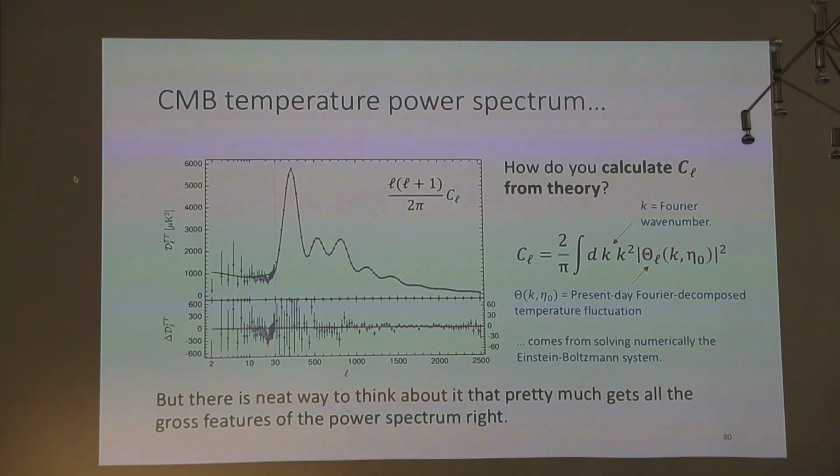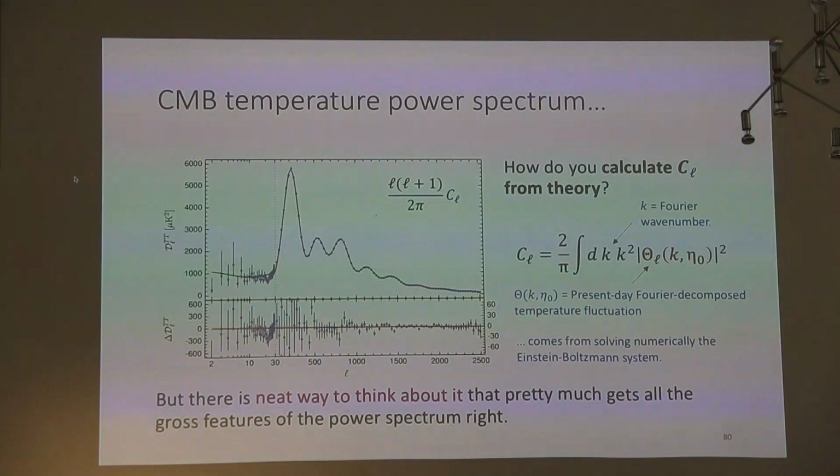Now, to calculate C_l from theory, essentially what you have to do is to construct an integral like that. Okay, so k here are your Fourier modes, and the theta_l's here are essentially the temperature fluctuations that you would expect to see today for a particular k mode, and then you decompose into the spherical harmonics decomposition that I spent quite a bit of time talking about over this past week.